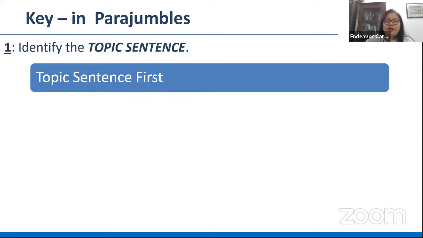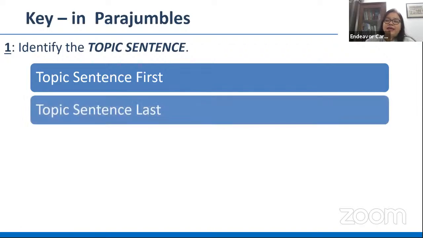Quite common this is. I won't want to use the word most, but you'll find a large number of paragraphs in which the first sentence happens to be expressing the main idea of that paragraph. I can have a paragraph where the topic sentence is somewhere at the end.